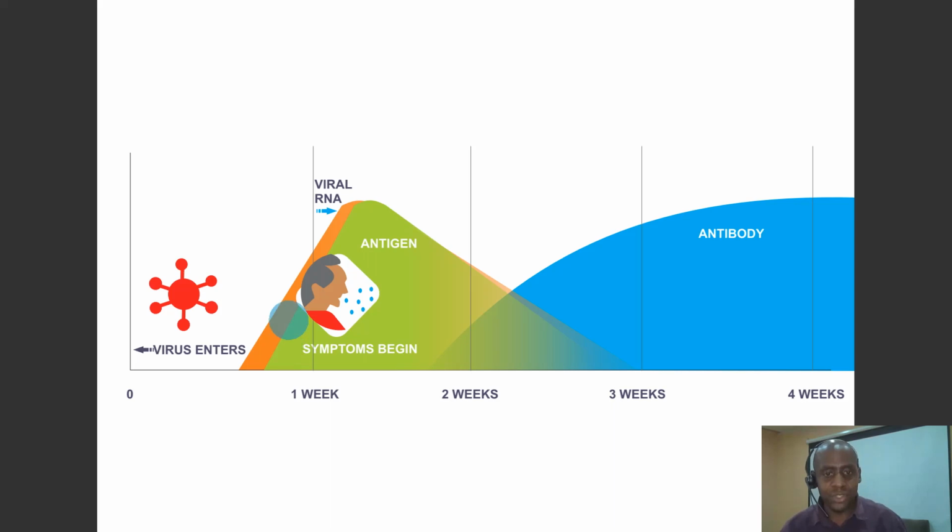So if you do a test in this time, you can actually get a positive result. If you do a PCR test at this stage, you can get a positive result. If you do an antigen test at this stage, you can get a positive result without there being any symptoms whatsoever.